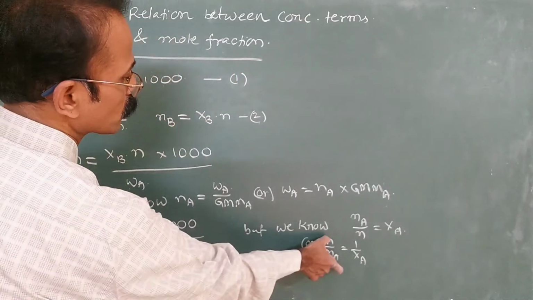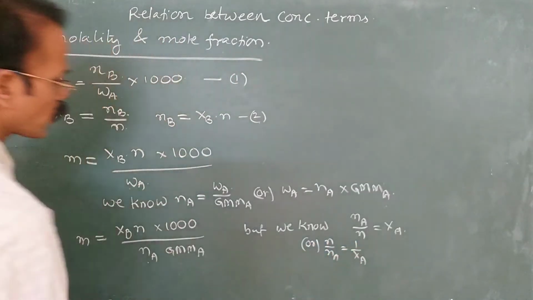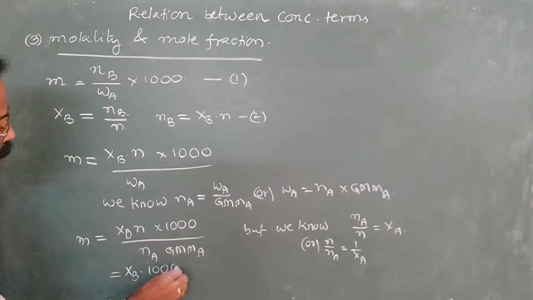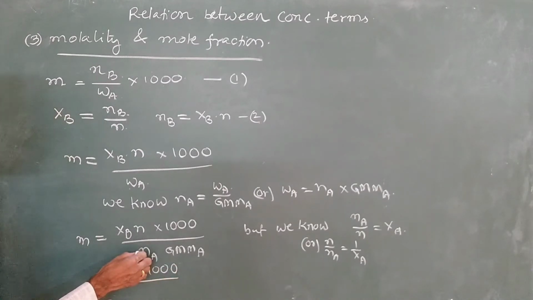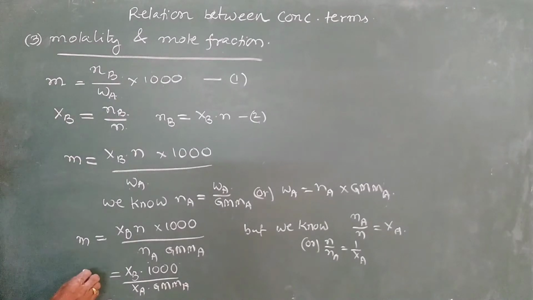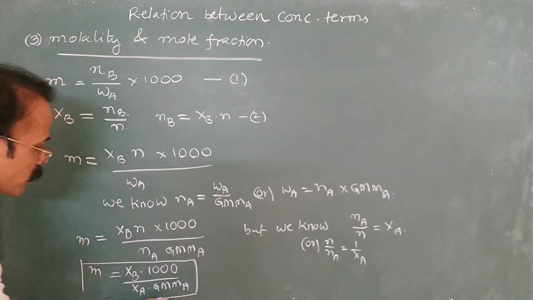Now substitute N by Na is equal to 1 by Xa. So what can we write here? Xb into N by Na is 1 by Xa, so Xb into 1000 divided by, N by Na being 1 by Xa, into gram molar mass of solvent. So this is the relationship between molality and mole fraction.